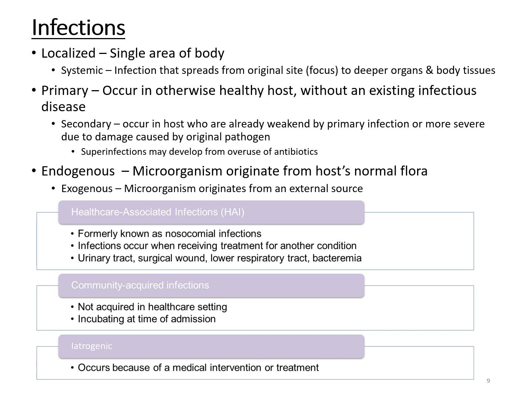You can also have different types of infections that are going to be known as a healthcare associated infection. So this is going to be an infection that has happened as a result of getting treatment for another condition. In the past, we've called these nosocomial types of infections.